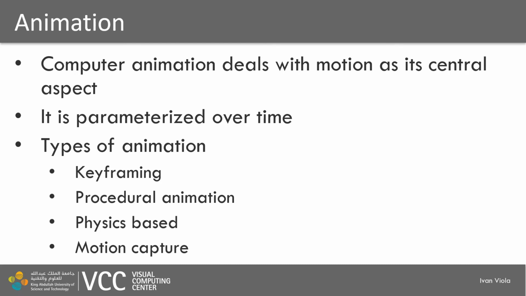This is not the only form of computer animation. There are several other techniques. For example, procedural animation, where we define a certain procedure for how structures should be animated. That could be done in various ways. Procedural animation can be done by defining a certain process, which is then iteratively performed, and per each iteration, one step of this procedural animation is generated.